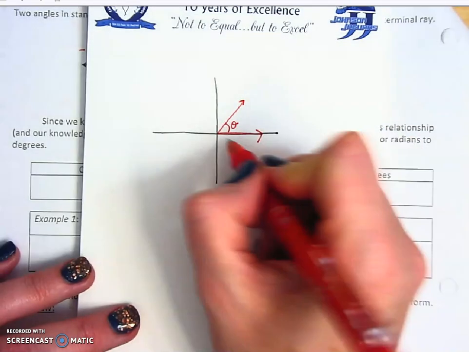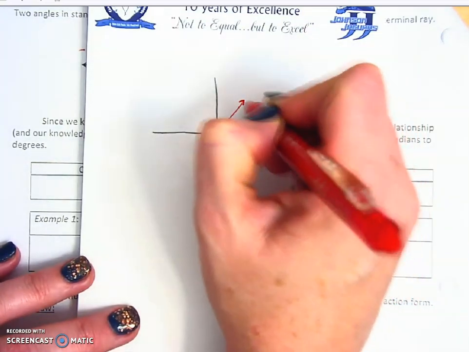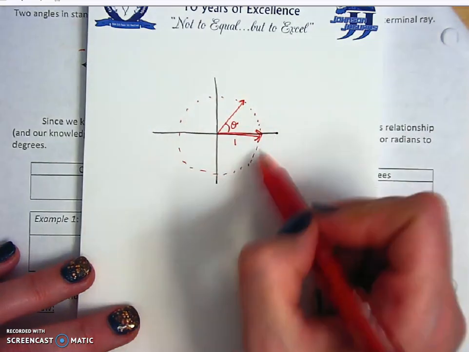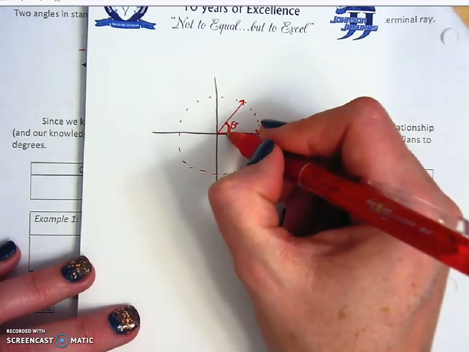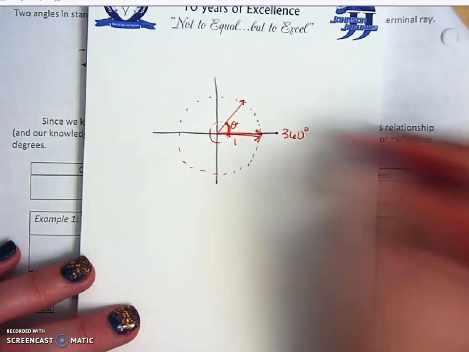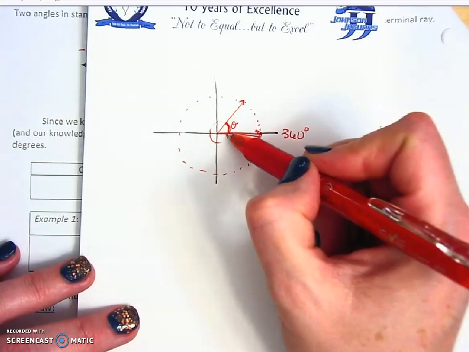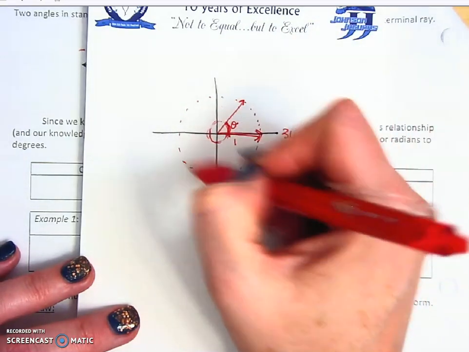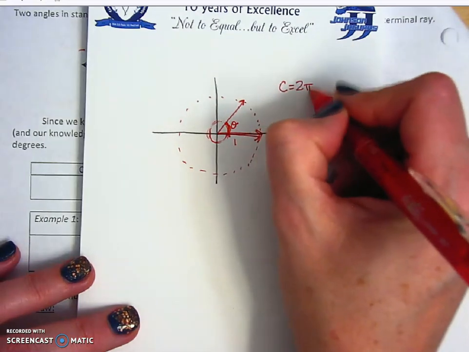Well, imagine for a second if this distance was 1 and I had this circle here that goes all the way around. The angle measure is in degrees, and if I went all the way around the circle till the beginning again, we know that that is 360 degrees. That's the angle measure of one rotation around. But I also know that this circle has a circumference, and that the formula for circumference is 2 pi r.